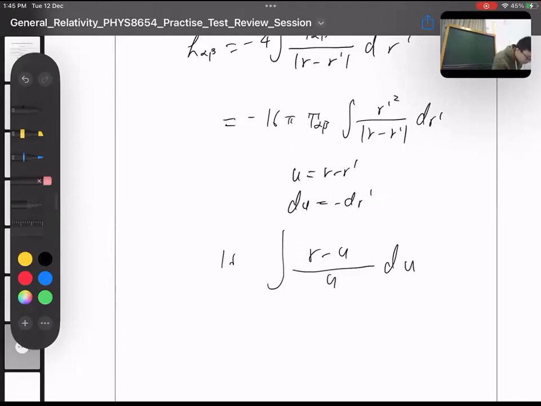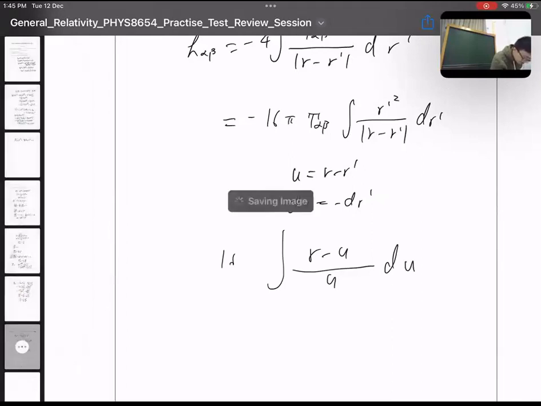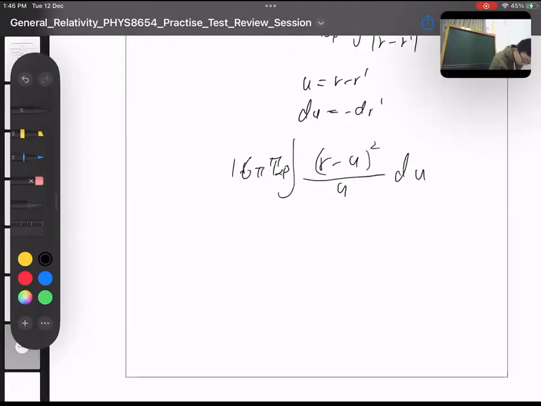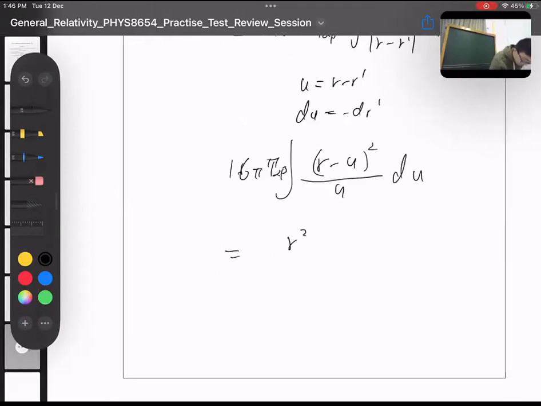Oh, but it's squared. Sorry, it's a square. R prime squared. So this is just r squared minus a squared, u squared, sorry, u squared, plus u squared minus 2ru over u integral.